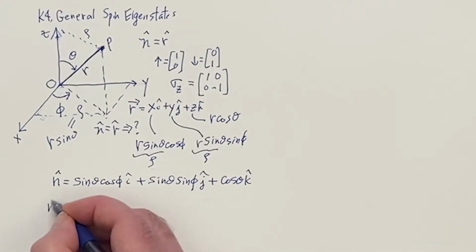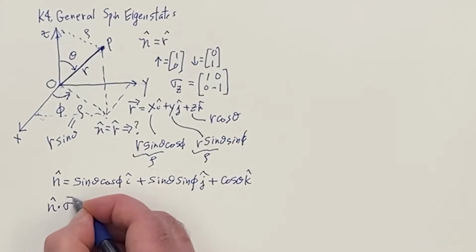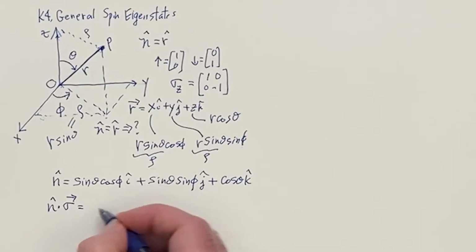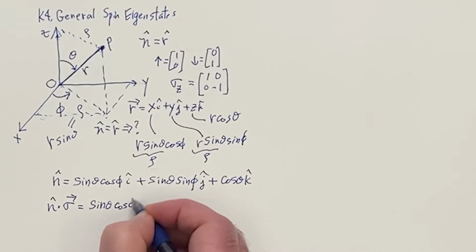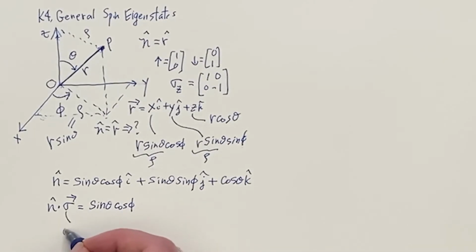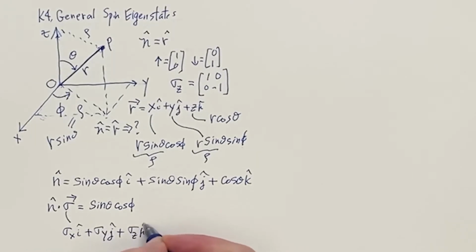Now if I take the n and dot it with the sigma, where the sigma are the Pauli matrices, I would have sigma x i hat plus sigma y j hat plus sigma z k hat.